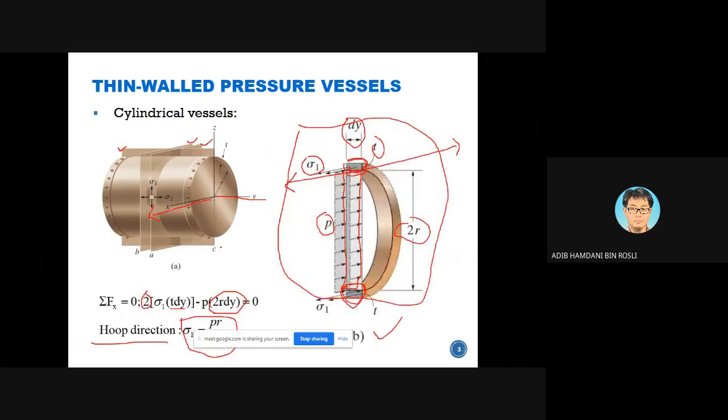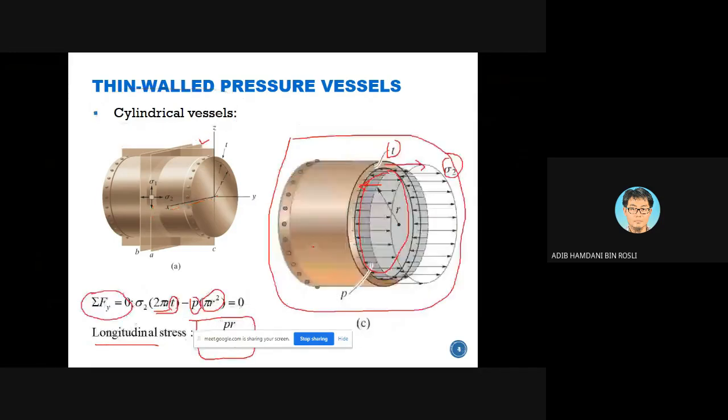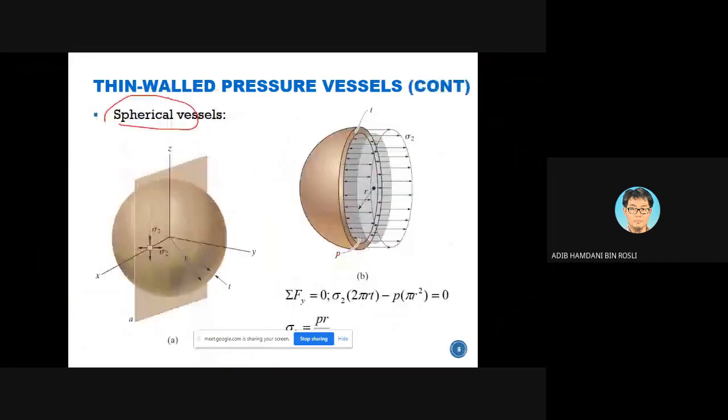So keep in mind that for cylindrical vessels, due to the internal pressure P, your hoop stress is twice as much as your longitudinal stress.